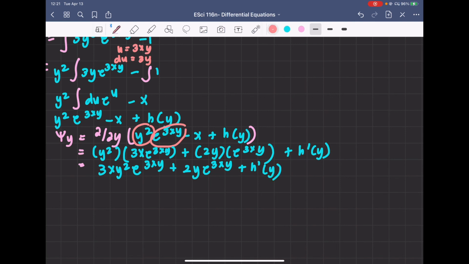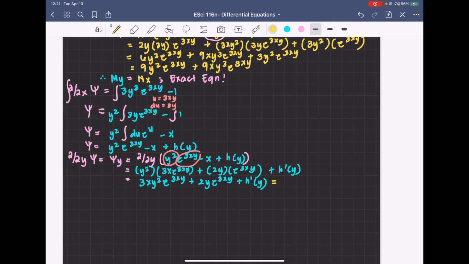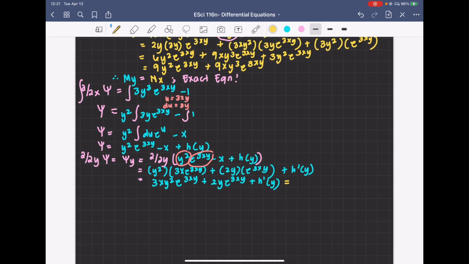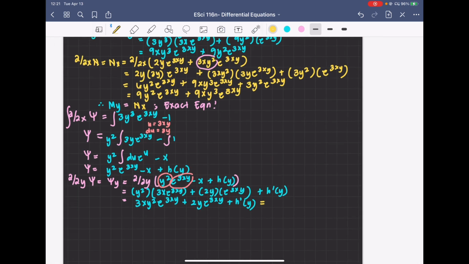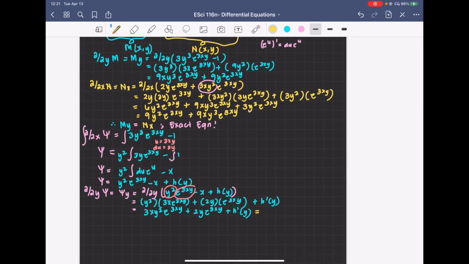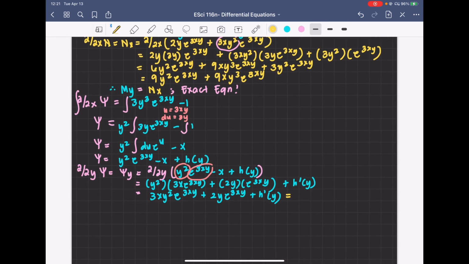And of course, you guys already know, we can equate this to our N, because our N is equal to the partial derivative of psi with respect to y. So our N value is 2y e raised to the power of 3xy plus 3xy squared times e raised to the power of 3xy.